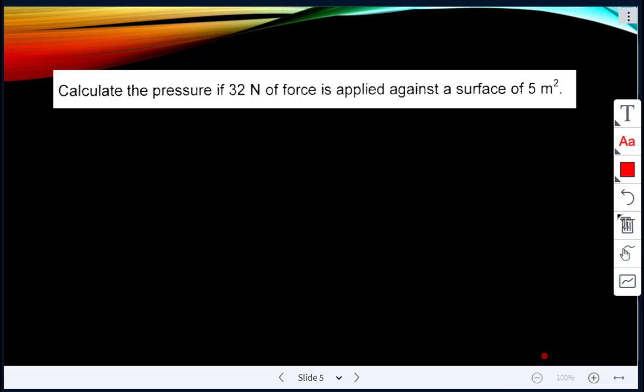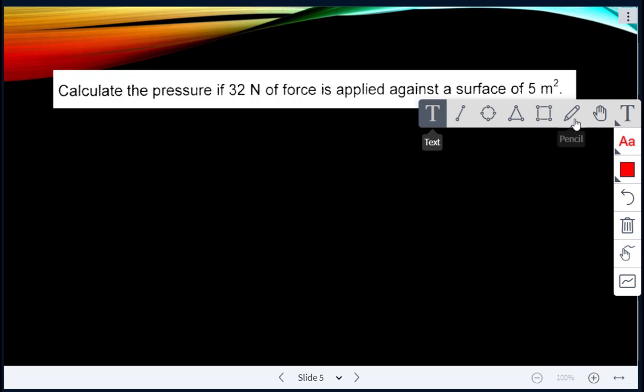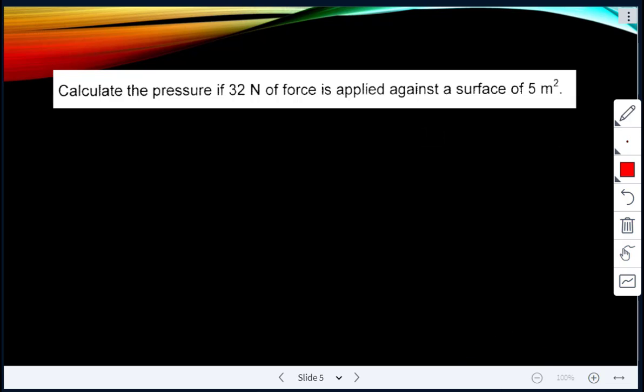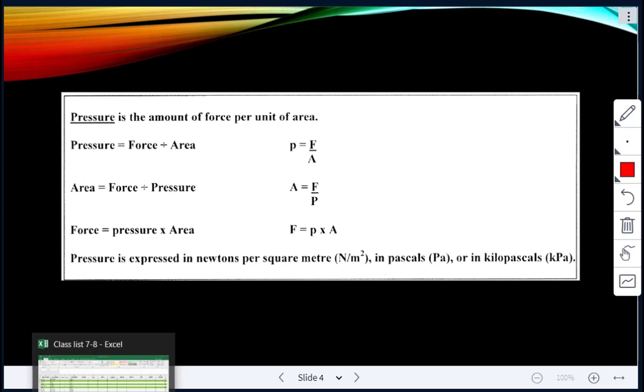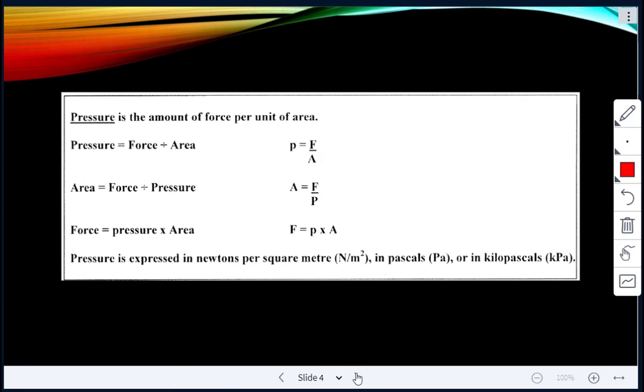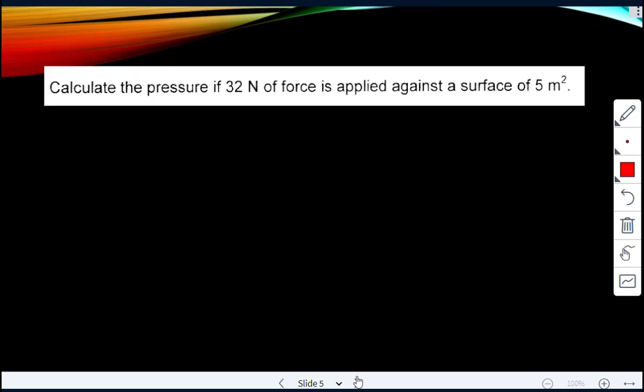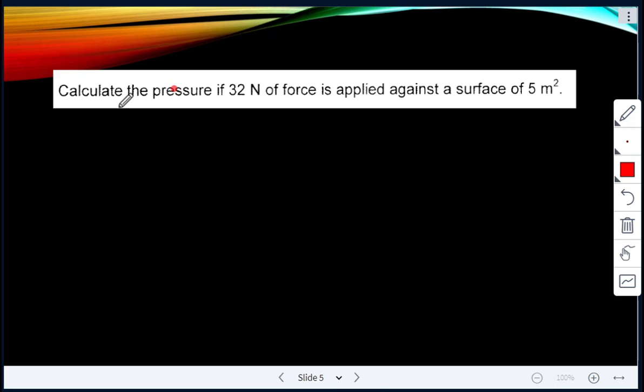So let's take a look at our first example where we have calculating the pressure if 32 newtons of force is applied against a surface of 5 meters squared. So if we need to, we can just go back here and get our formula. Pressure is equal to force divided by area. That's what we're trying to calculate.